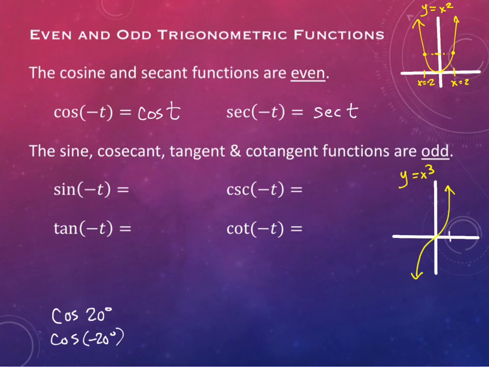If you put in x equals 2 here, and x equals negative 2 here, you get the same distance away from the y-axis, but it's positive versus negative. Over here you get a height of 8, and over here a height of negative 8. So the number is the same, but its sign is the opposite. And that's what odd functions do.